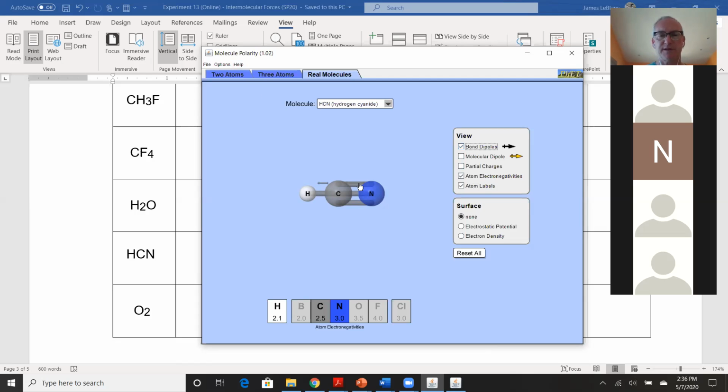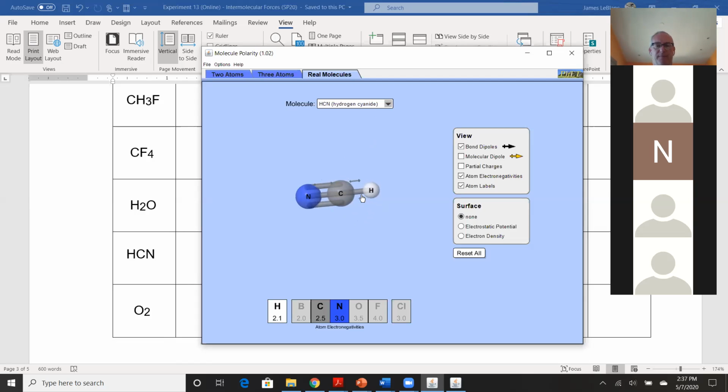Let's see if there's some way to... it's kind of hard to see. Oh, here we go. It's tough to see that one. There we are. They didn't make this easy.